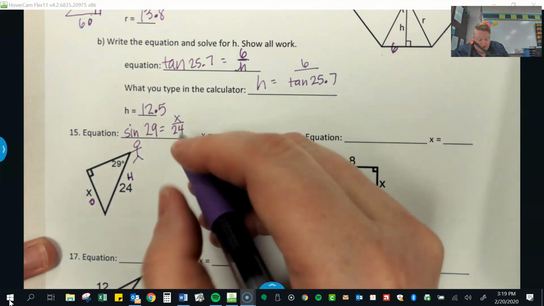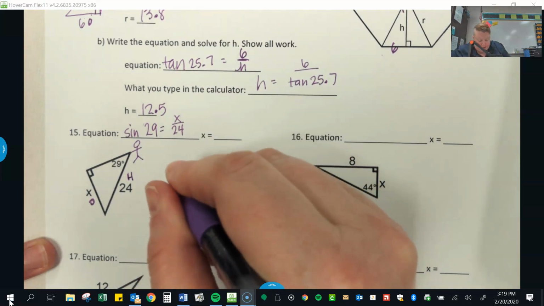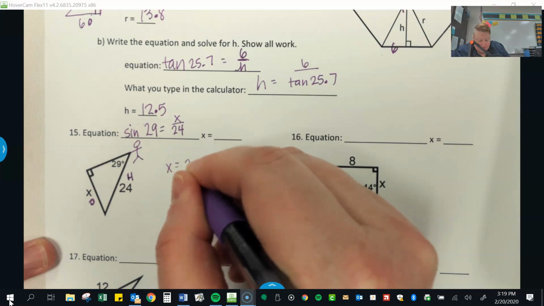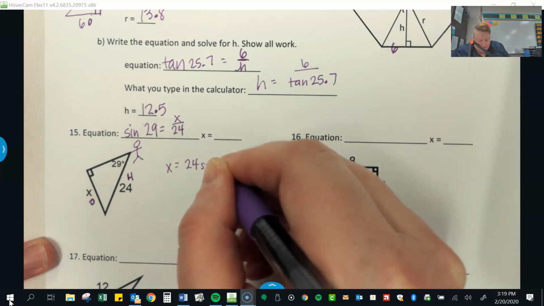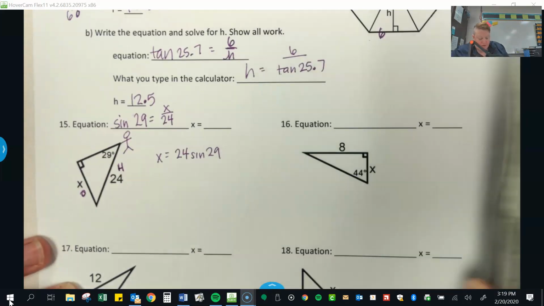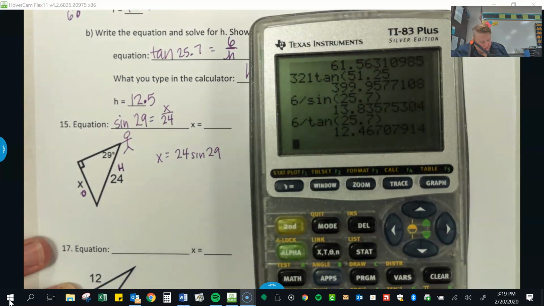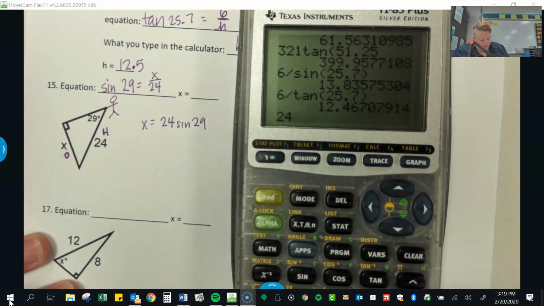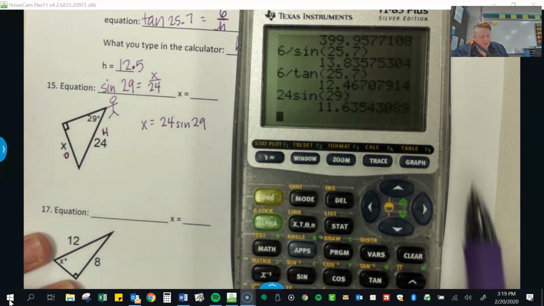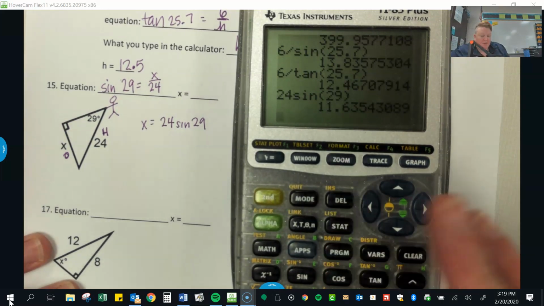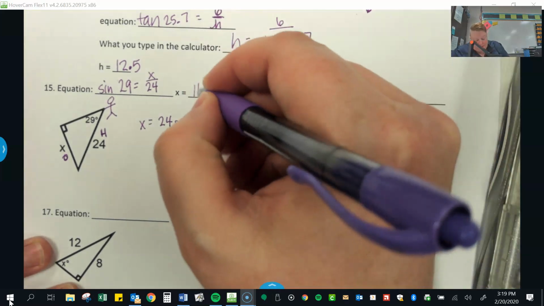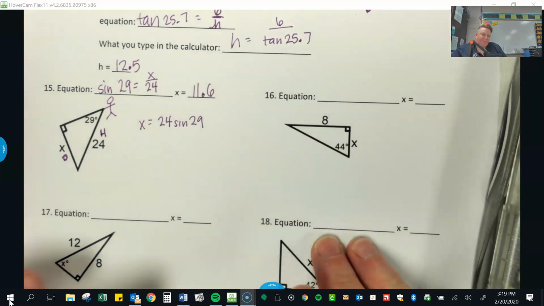When x is up high, we multiply. So I'm going to say x is equal to 24 sine 29. I want you to round to the nearest tenth here, so 24 sine 29 is 11.63. This 3 does nothing to the 6, it stays the same, so I have 11.6.